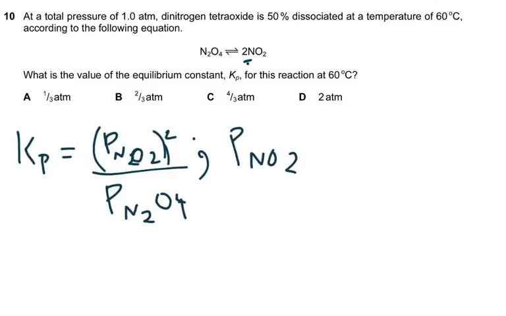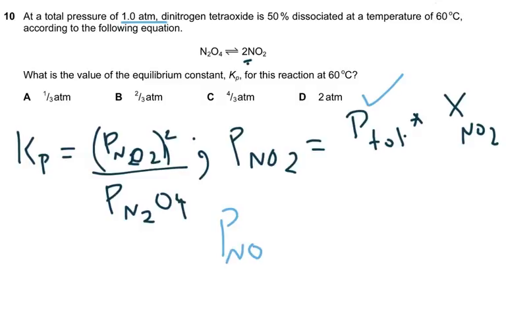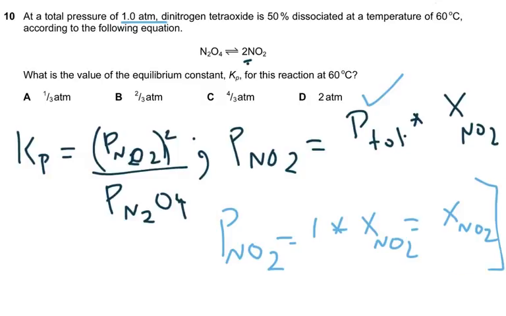And this means that we have P total times XNO2. I know P total. It's 1 atmosphere. So can I say safely that PNO2 is equal to 1 times XNO2, which is equal to XNO2? I can.